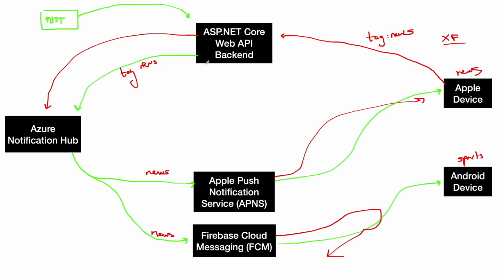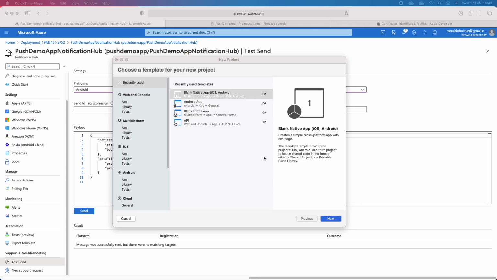Right now, we're going to work on the Web API backend. And the Web API backend will be hosted by Azure, and we'll be able to communicate to the notification hub from our Xamarin.Forms application via the ASP.NET Core Web API backend. The first thing we do is create a new project.